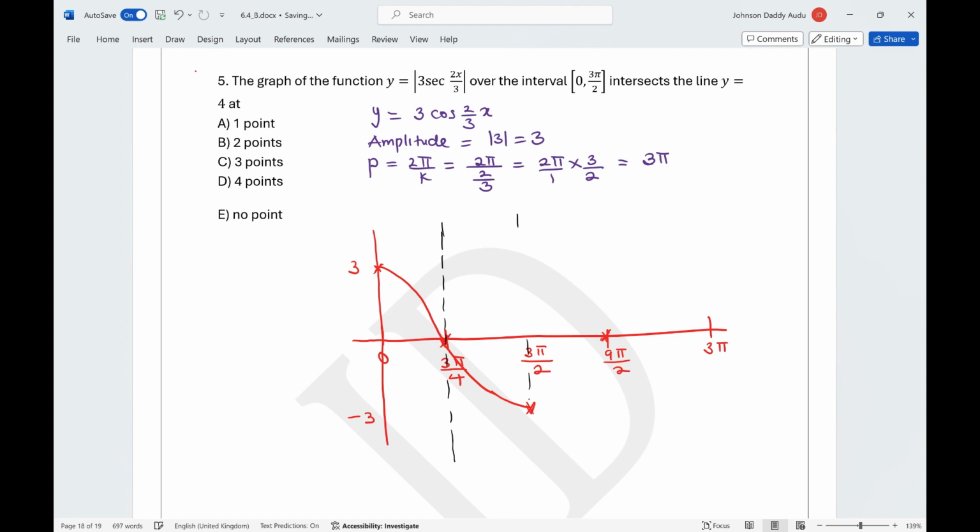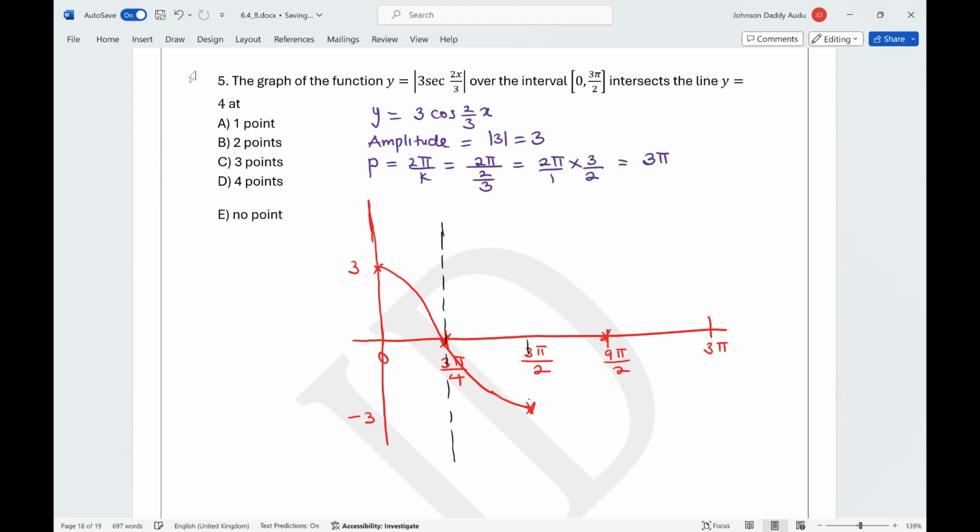So we are not interested in all of this now. So you can see we only have one vertical asymptote, which is 3 pi by 4.